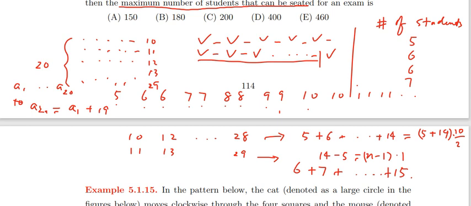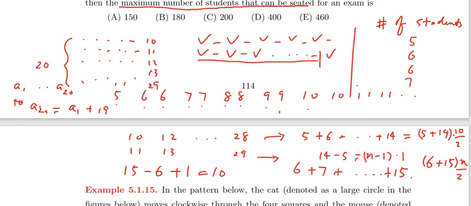So what is this sum? It equals 6 plus 15 multiplied by n divided by 2. This n is also 10, right? 15 minus 6 plus 1 equals 10. Okay, so we find this equals 10.